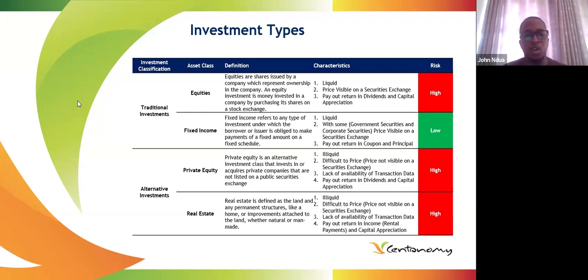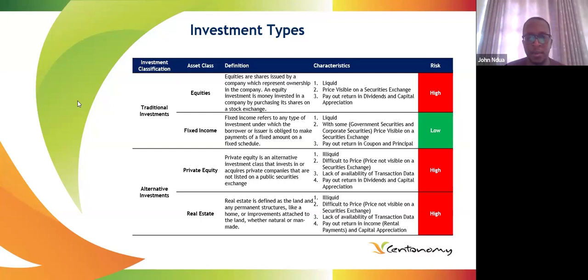These are investments you have to engage on a one-on-one basis between you as the person who wants to invest and the owner, the person who is selling. And with this, we have two major ones. We have private equity and we have real estate. And I will start with private equity.